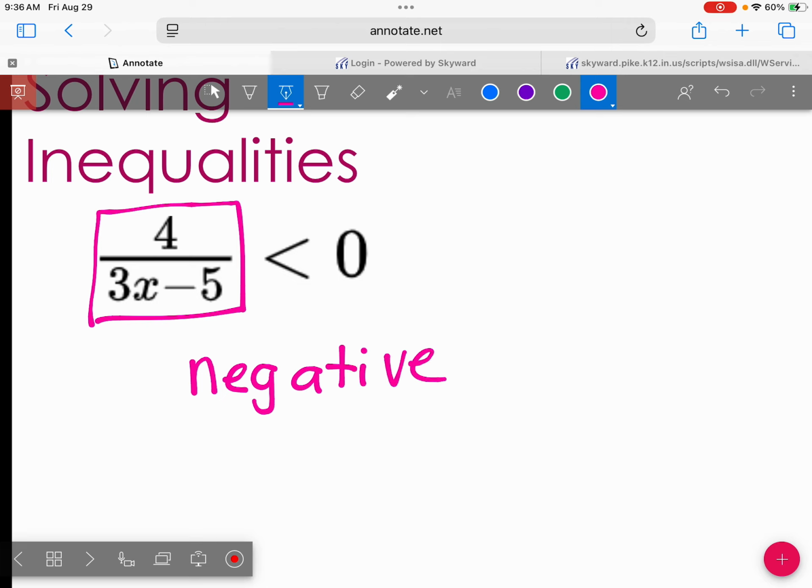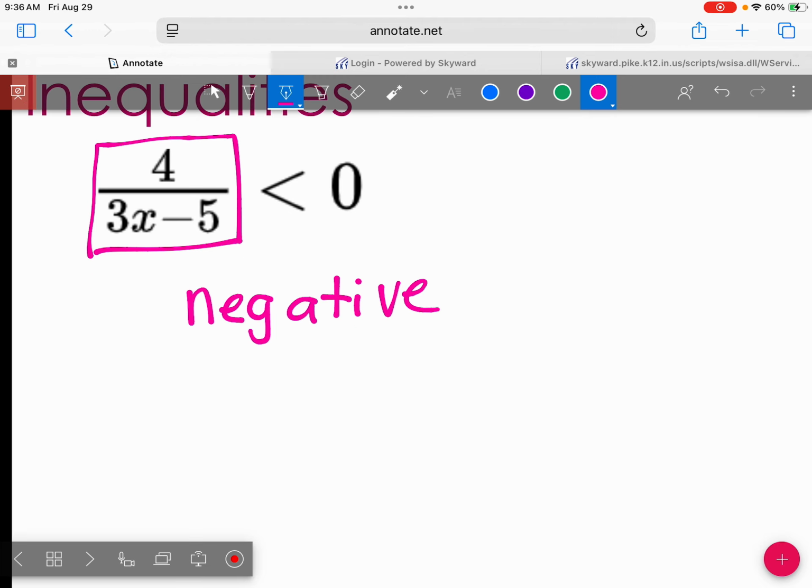So the information that we have here, I have 4 over something. So my denominator is going to need to be negative, right? Because if my top is positive 4, the only way I'm getting a negative number is if that denominator is negative. So we want to know when our denominator, 3x minus 5, is negative.